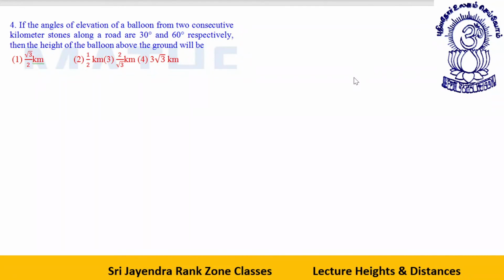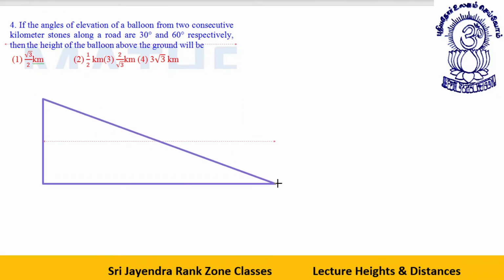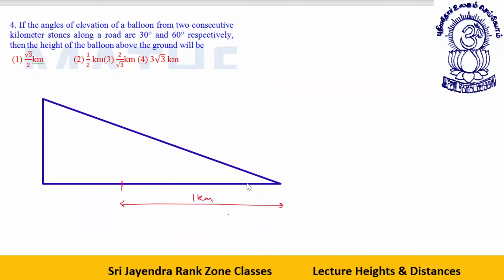If the angles of elevation of a balloon from two consecutive kilometer stones along a road are 30 and 60 respectively, then the height of the balloon is, like this. Kilometer stone, this is like 1 km.